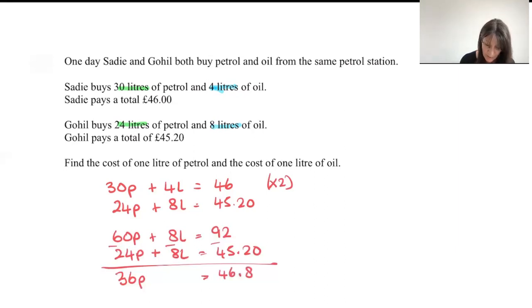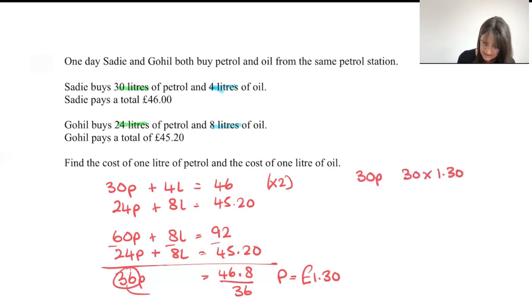If I want to know what P is, I'm going to divide through by 36. And that's going to give me P equaling £1.30. I then take that and I put it into one of my equations, and it really doesn't matter which one. So I'm just going to choose the top one. I've got 30p. 30 times £1.30 is equal to 39.